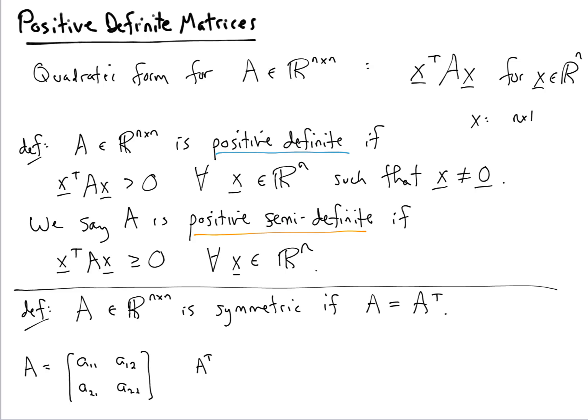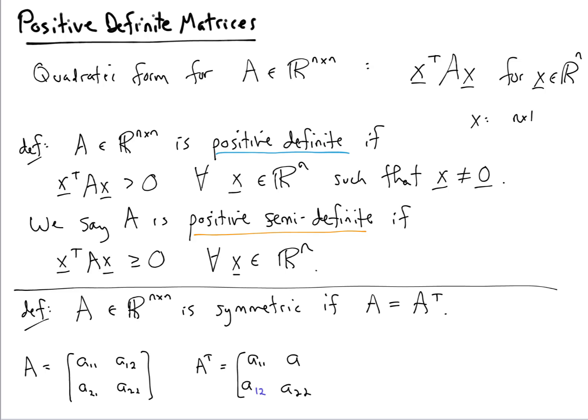A transpose, this first row becomes the first column. So we have A11, and let's be careful with our indices here. We have A12. And then the second row of A becomes the second column of A transpose.